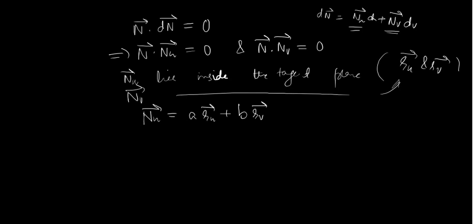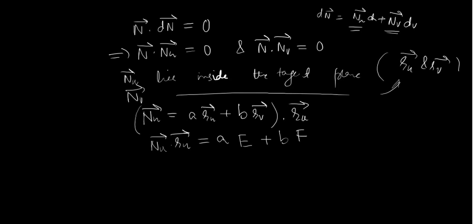Now what I do, I take the dot product of this equation with Ru, both sides. So what do you get? You will get on the left hand side n_u dot Ru, right? Then I would have a times Ru dot Ru, that is just E, plus b times Rv dot Ru, that is just F. So this is the equation I would get.